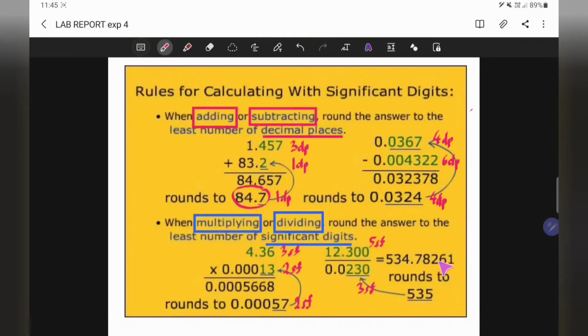That is why the final answer we need to round to 3 significant figures, giving you 535. Remember, tambah, tolak, titik perpuluhan; darab, bahagi, angka bererti. We just refer to the least number of decimal places, or the least number of significant figures or digits. Don't be confused.